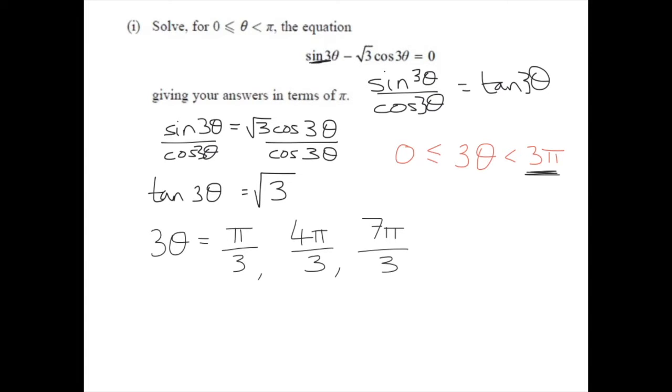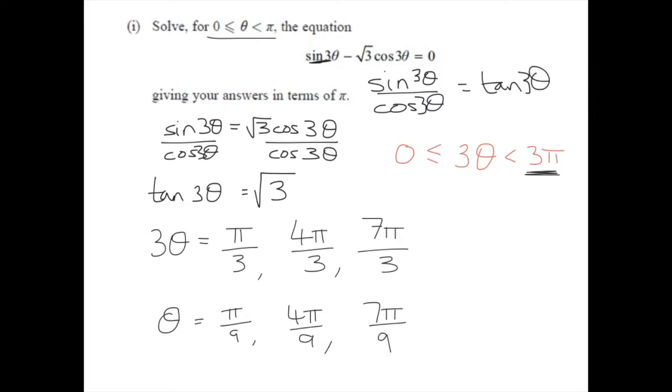They're the 3 that are within our range. So now I'm going to divide everything by 3. So we end up with theta equals pi over 9, 4 pi over 9, and 7 pi over 9. You'll see that all of these solutions are between our original bounds 0 to pi, and that's as far as you go from there.